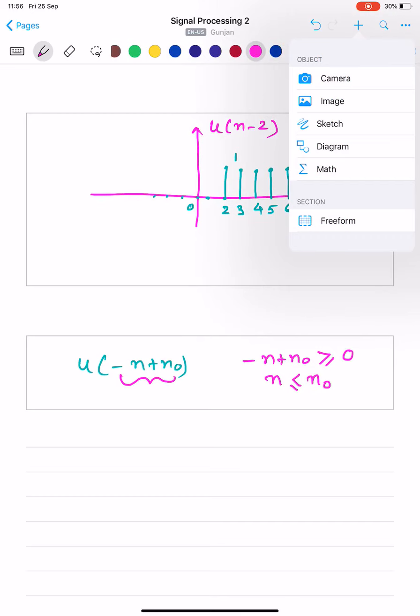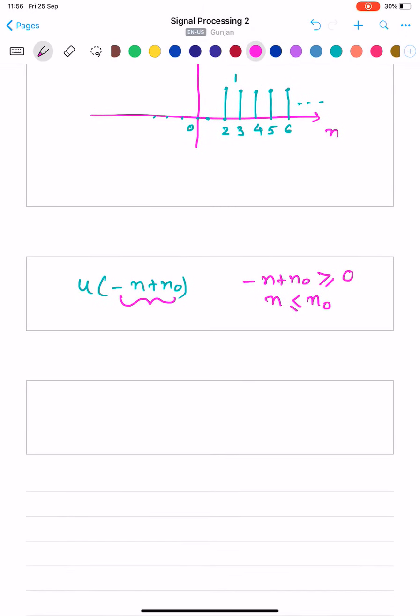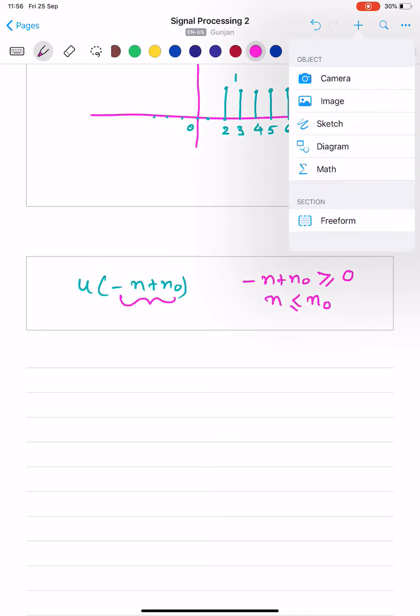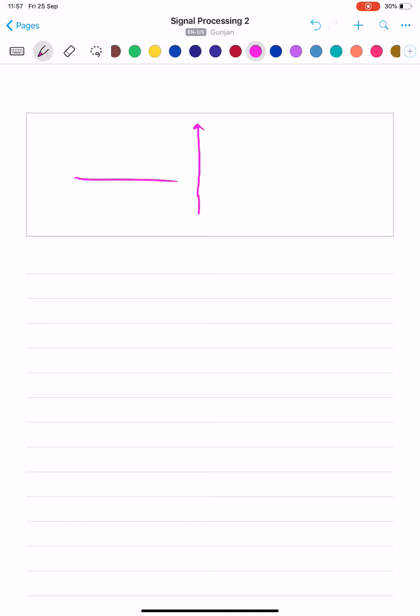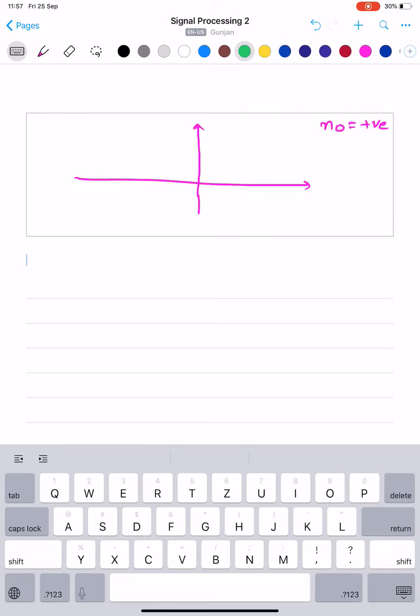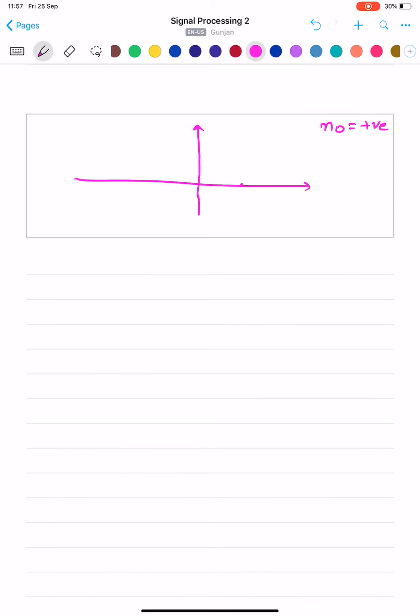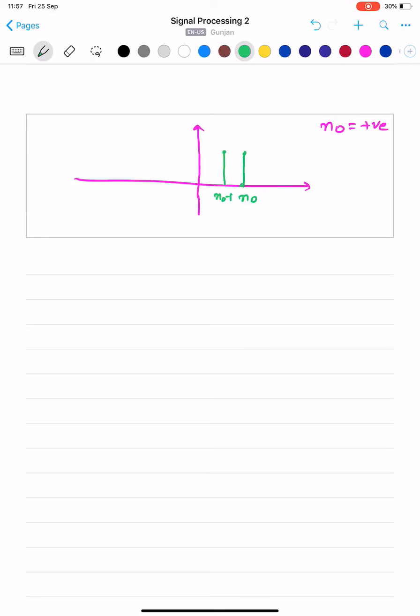So if you plot it, and my n naught is a positive number, it will be starting from somewhere at n naught and so on.